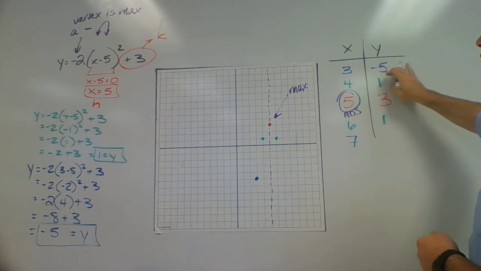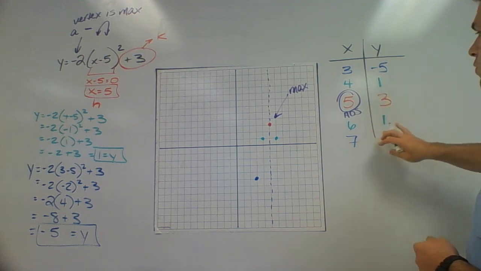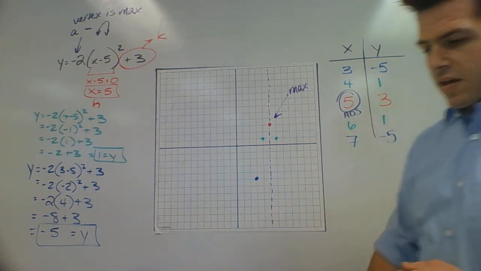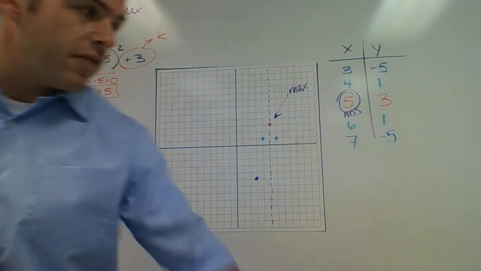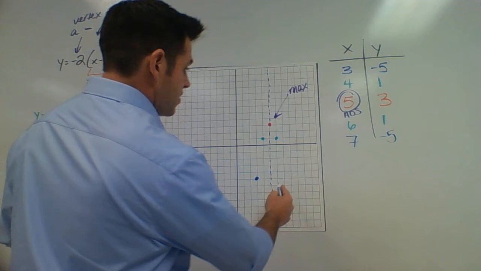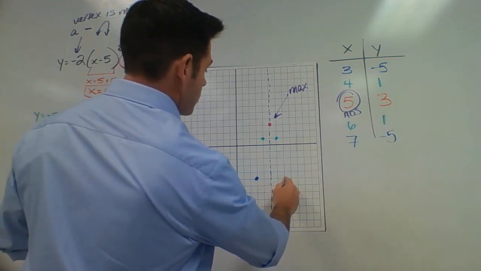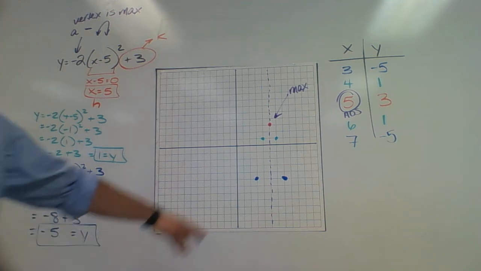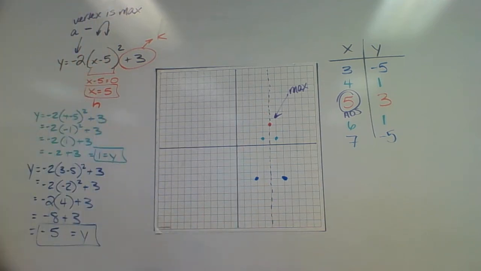Since 3 has a y value of -5, 7 would also have a y value of -5. So again, I can go ahead and write that in my table of values. I can go ahead and graph it. It should just right from the get-go look like it's mirrored across that axis of symmetry for our parabola. I'll go ahead and connect the dots now that I have my 5 points.